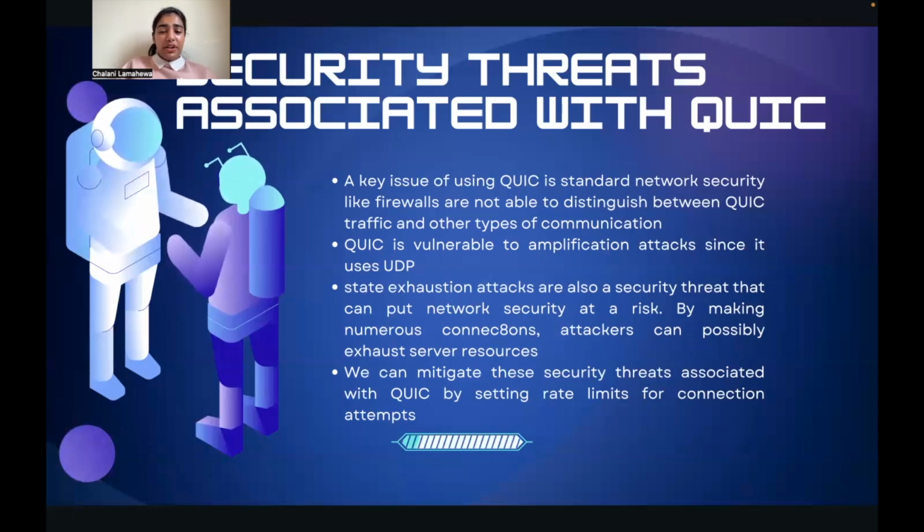QUIC is also vulnerable to amplification attacks since it uses UDP. Also, state exhaustion attacks are a security threat that can put the network security at risk. By making numerous connections, attackers can possibly exhaust server resources. We can mitigate these security threats associated with QUIC by setting rate limits for communication attempts.